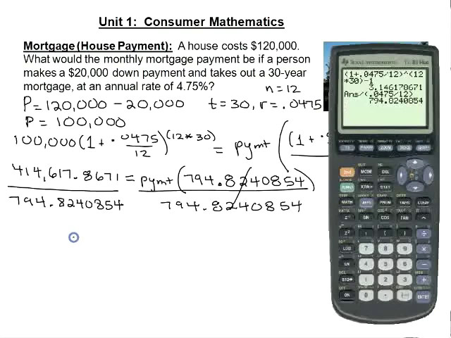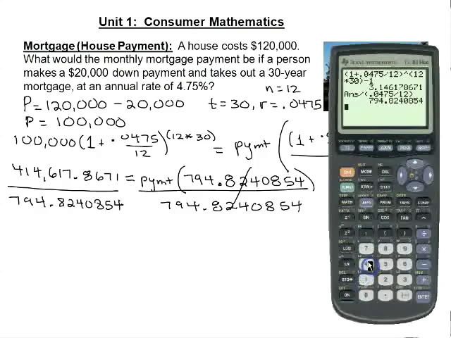So what we have to do is take 414,617.8671 and divide by 794.8240854. And you can type it in that way if you want to, but I notice what I'm wanting to divide by is the last answer here in my calculator.